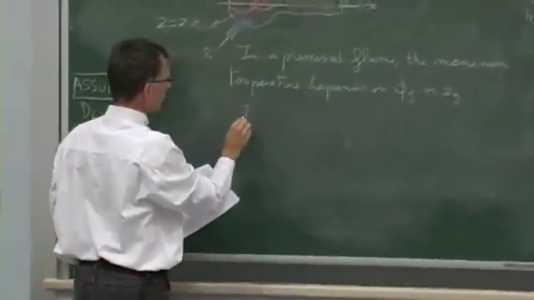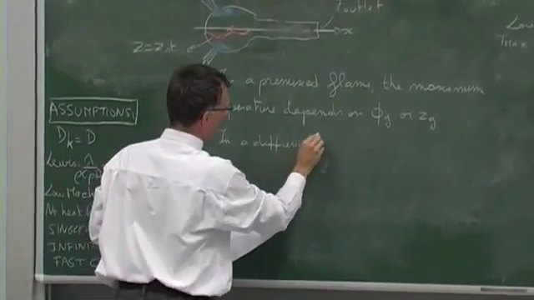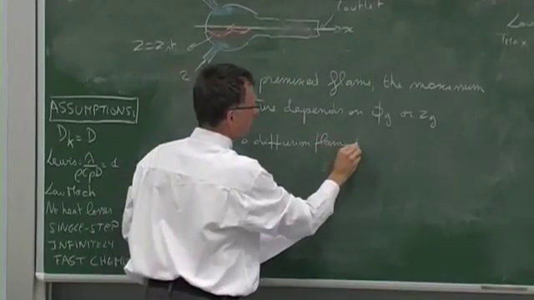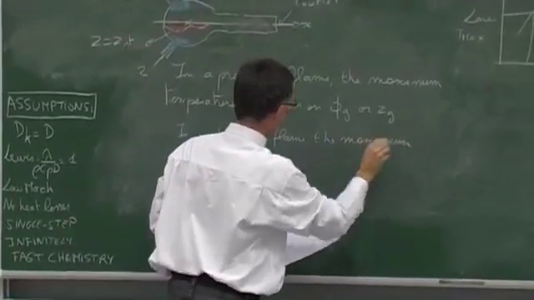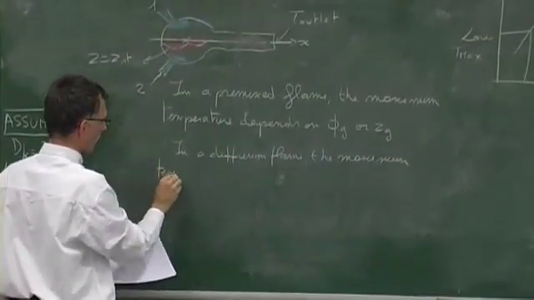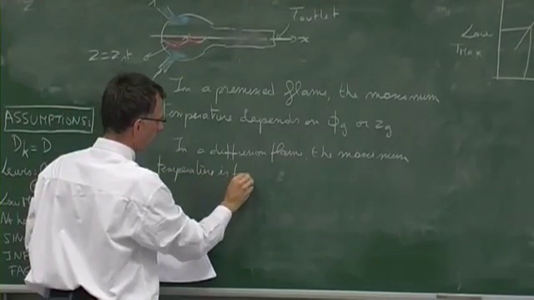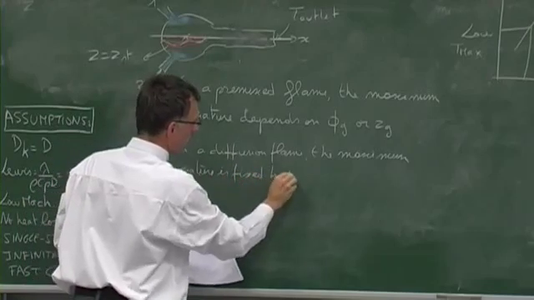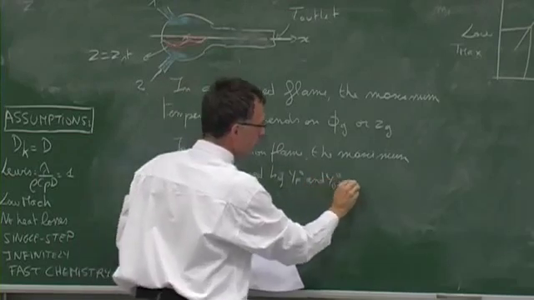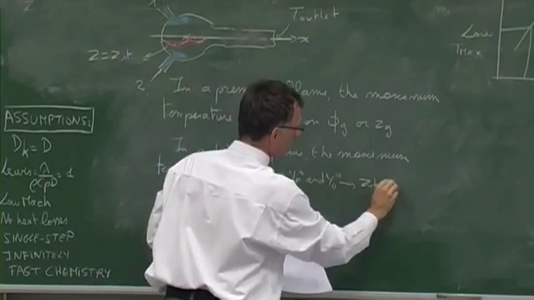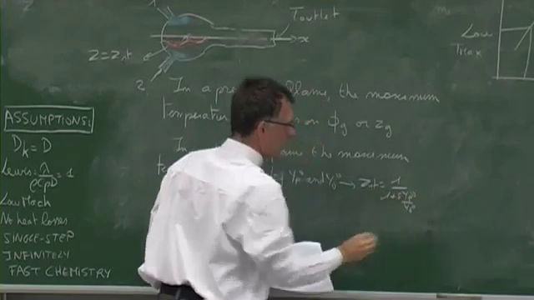Now, in a diffusion flame, the maximum temperature is fixed by YF0 and YO0. These two numbers give you this stoichiometric mixture fraction, which is equal to 1 over 1 plus S YF0 over YO0. And you cannot play with it.